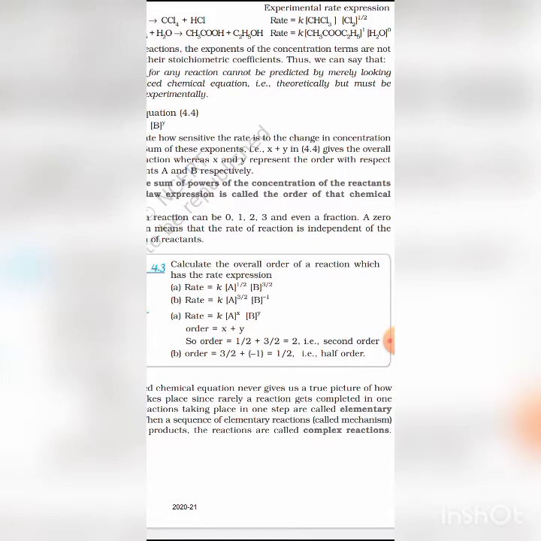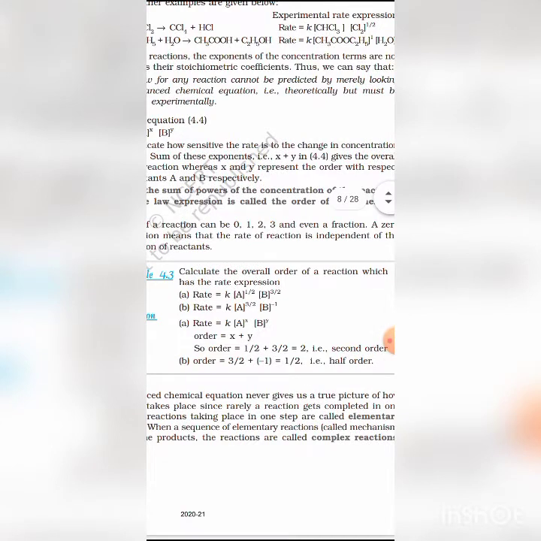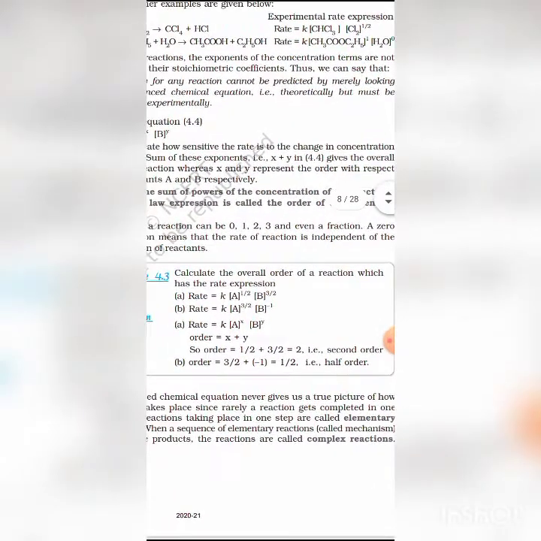If rate equals K times the molar concentration of A to the power X and molar concentration of B to the power Y, then order will be X plus Y. For the first equation, the power of A is half and the power of B is 3 by 2, so order will be half plus 3 by 2, that is 2. So the reaction is second order.